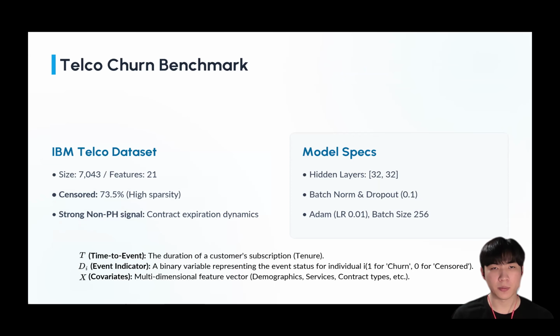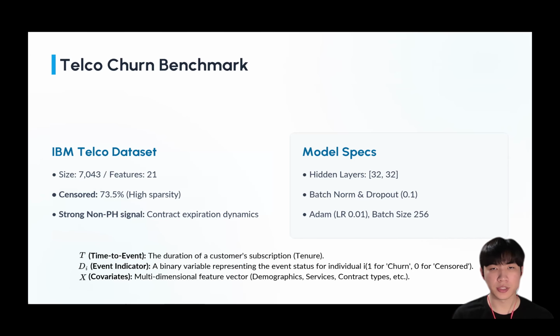To verify the model, I personally selected the IBM Telco customer churn dataset. With 7,000 customers and a high canceling rate of 73%, I identified that survival analysis was essential rather than standard regression. The decisive reason for this choice is the dataset's clear violation of the proportional hazard assumption.